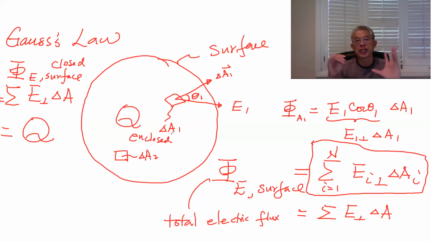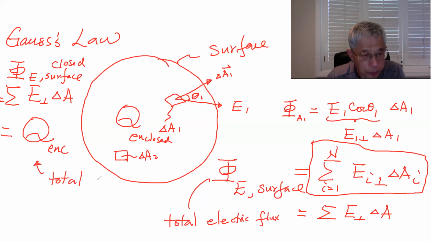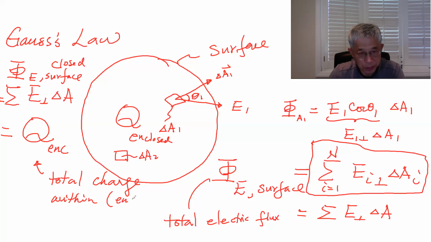Whatever amount of Q is inside this closed surface is called Q enclosed, the total charge within, or enclosed by, the surface. And this is a closed surface.